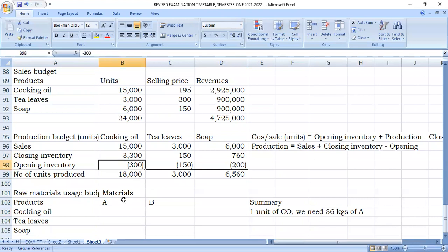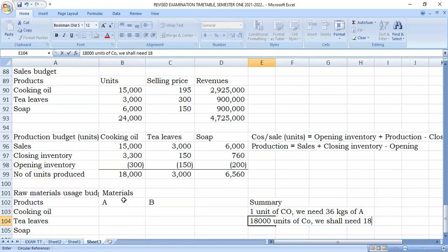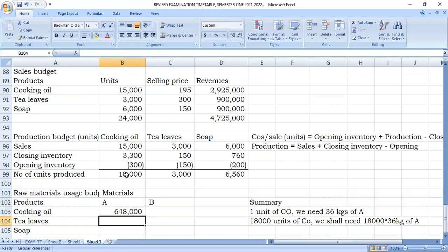When you come up here, what you produce as far as cooking oil is concerned are 18,000. So you're going to need, for 18,000 units of cooking oil, we shall need 18,000 times 36 kgs of A. Okay. So this will give us therefore the 18,000 times 36 kgs. That is for A. You can deal with A only.